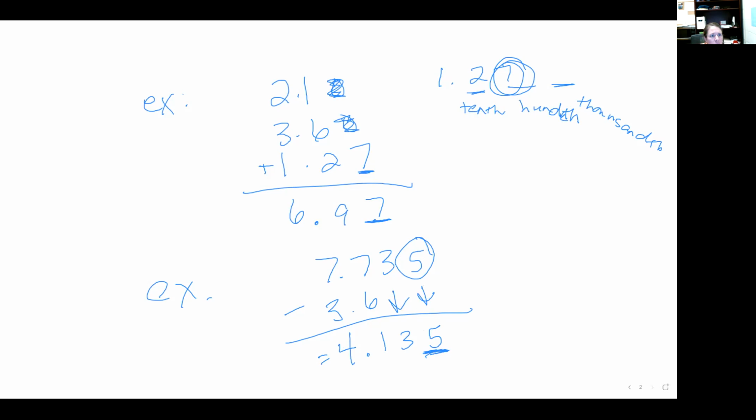So let's look at the quiz. Like this one, 10.6 inches plus 9.34. All right, 10.6 plus 9.34.